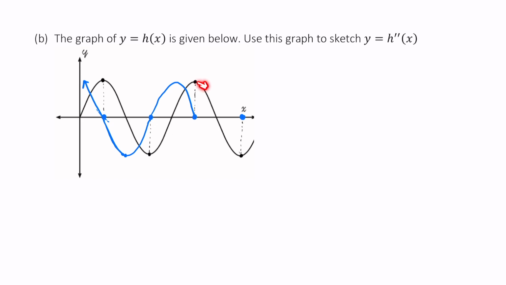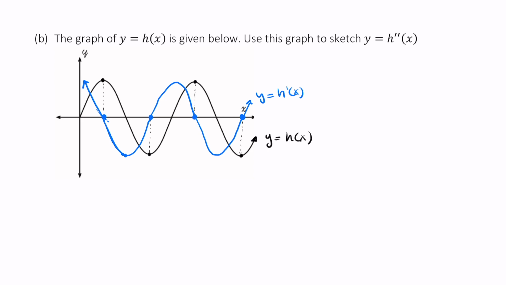This slope, again, is not as negative as, say, this one. So the point would be closer to the x-axis here, whereas it would be further from the x-axis here. And there it is. There is the first derivative of this curve. So this is y equals h prime of x. And of course, here in black, I have y equals h of x.